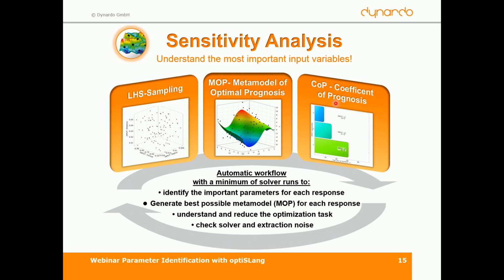And so we get from the MOP 3 important results: the best variable subspace, that means less important parameters filtered out. Then we get the best meta model, and we have some estimation of the prediction quality, the COP value.